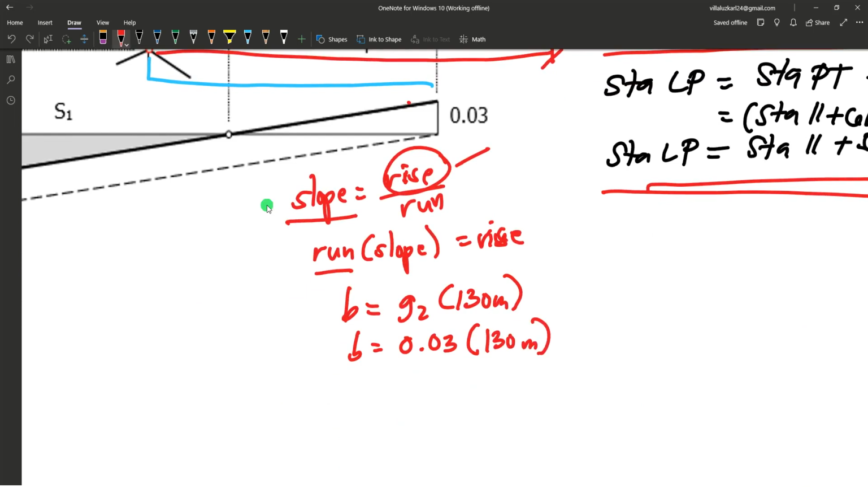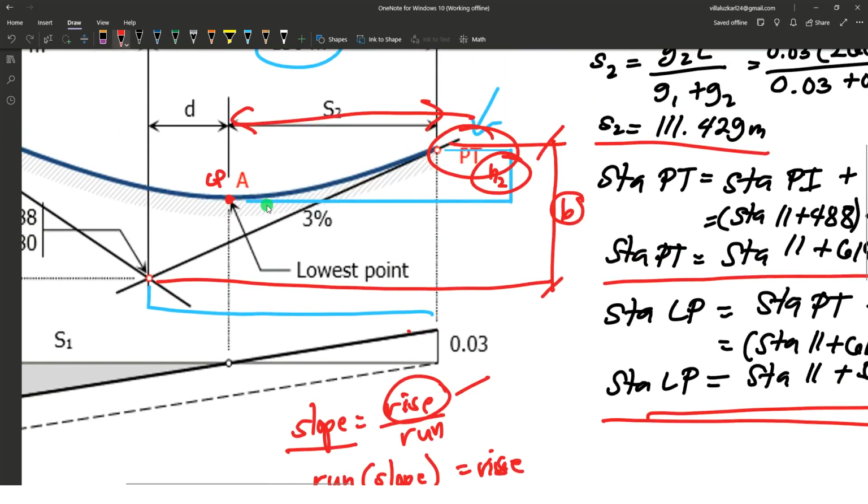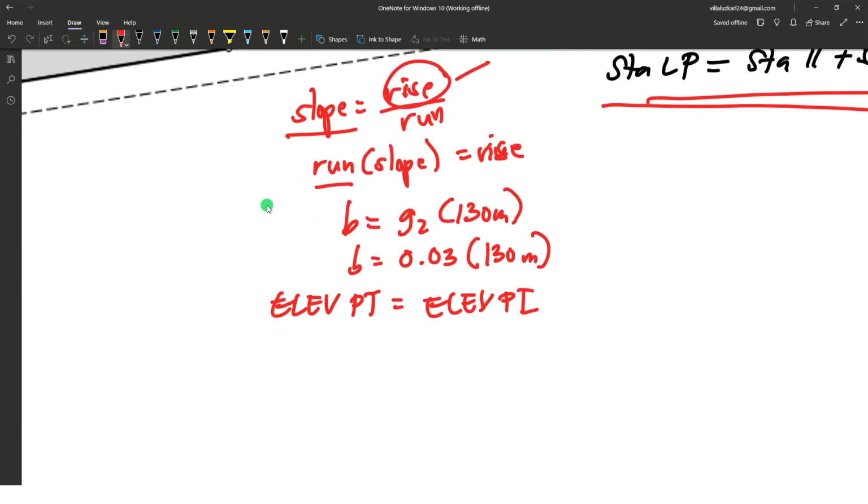We can now determine the elevation at PT, which equals the elevation at PI plus this vertical distance B. From PI, add the vertical distance, which is 0.03 times 130 meters, equal to 3.9 meters.